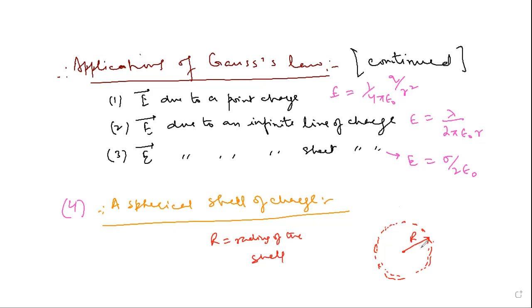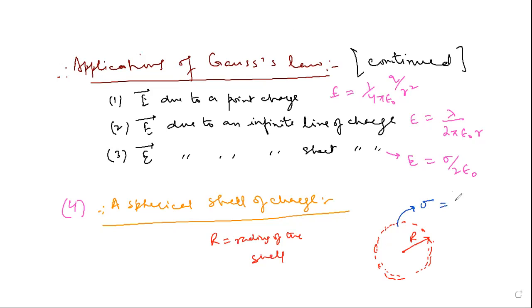right? And this figure shows the cross section of that three-dimensional spherical shell of charge. R is the radius of the shell, and it will have some surface charge density. We represent that by sigma, right?